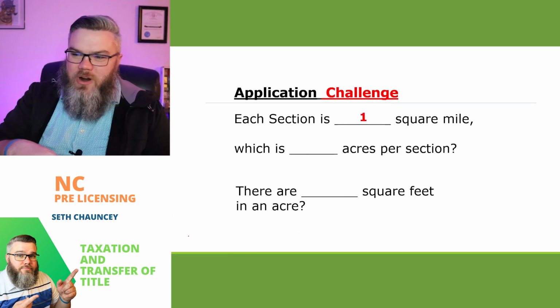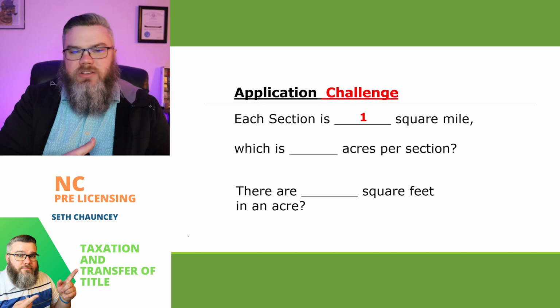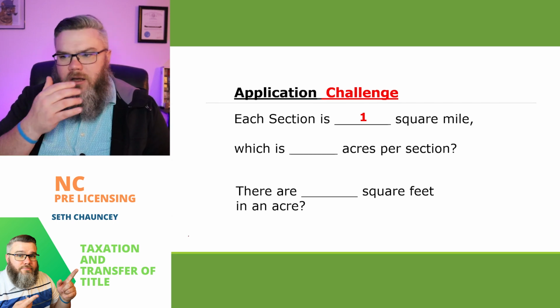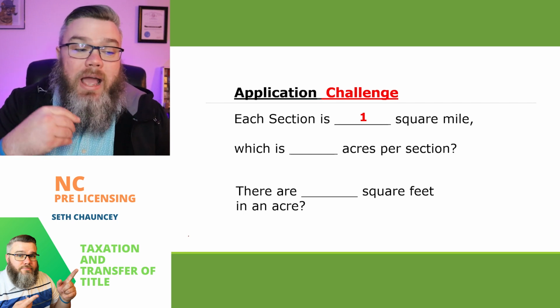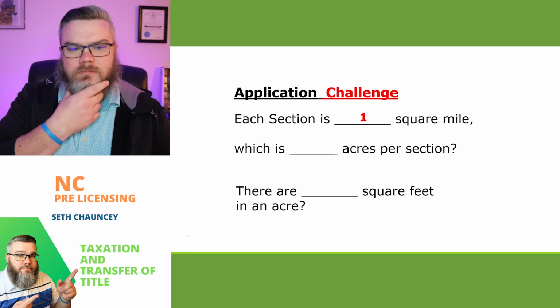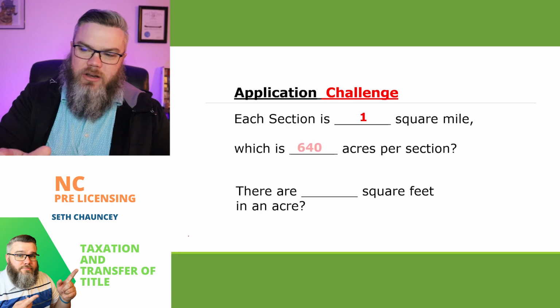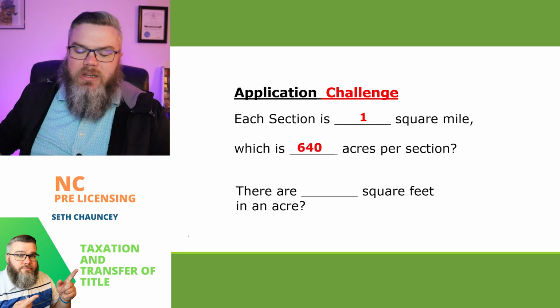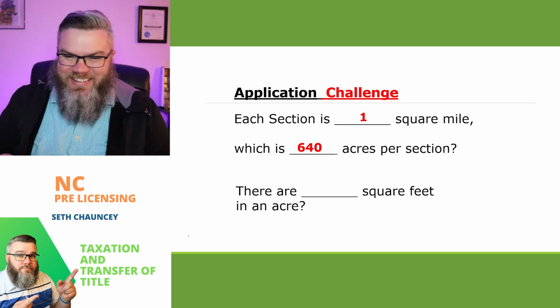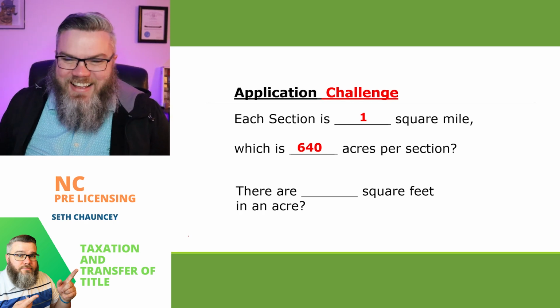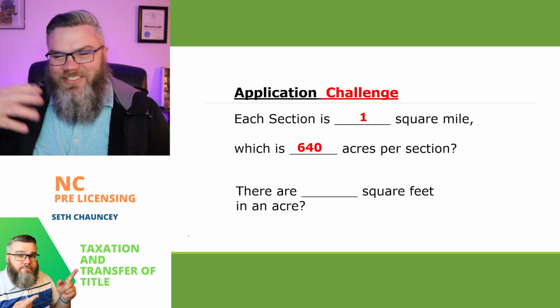Each section is one square mile. Remember, a mile is 5,280 feet. Okay? But each one of those square miles contains now how many acres? 640. 640. Jacob, you might be dyslexic. I'm just picking on you. It's a possibility. Listen, I'm just picking on you.